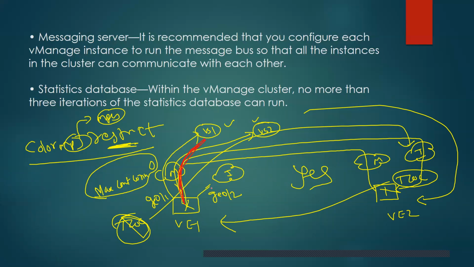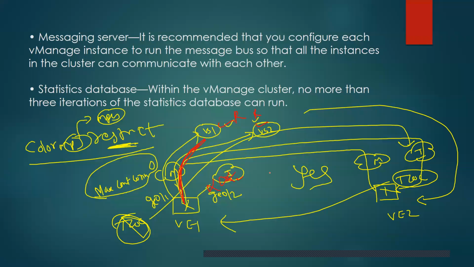It will form via the internet. Suppose you have only one interface, then no control plane, no data plane, nothing will happen. But in case you have two interfaces, then it will get the T-loc information and all that information via the other interface, and then it will exchange, because it is a route reflector.